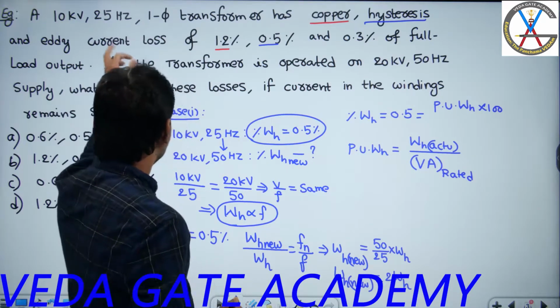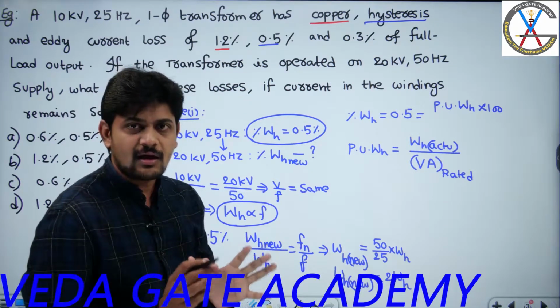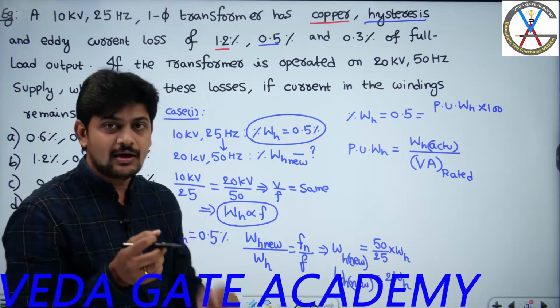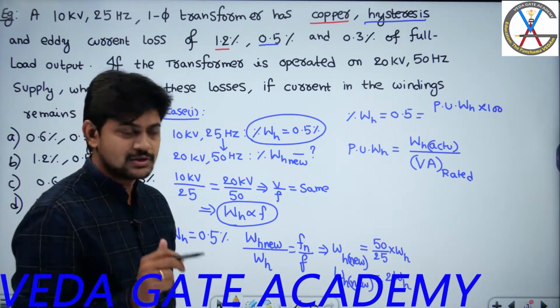So for 2 different operating conditions, the actual hysteresis losses will be raised by 2 times compared to the original value.